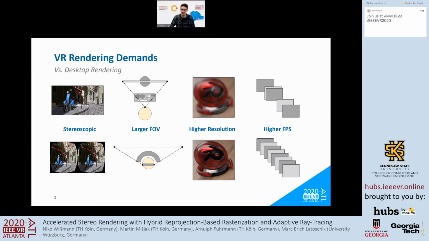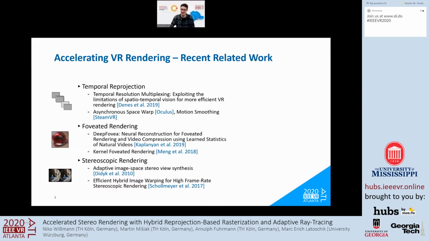And of course, since we are substituting our entire field of view with an artificial visual stimulus, VR rendering requires a much higher and more stable frame rate. If we combine all of these factors together, we arrive at a large performance gap that currently exists between these two systems. Luckily, research is being done by both academia and industry to address this issue.